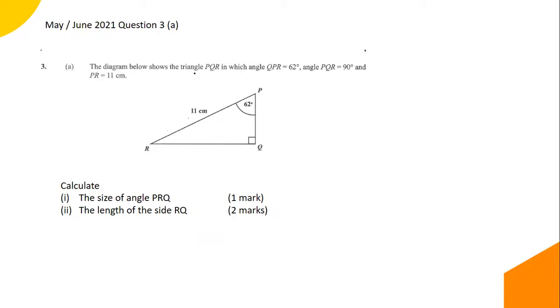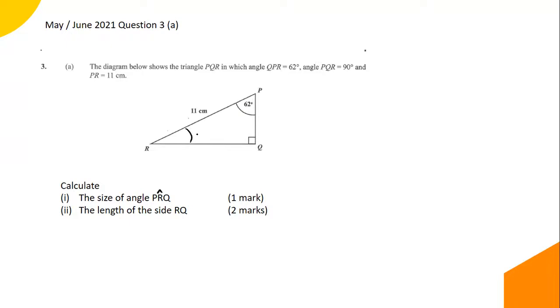So the diagram below shows the triangle PQR, in which angle QPR is 62 degrees, PQR is 90 degrees, and PR is 11 centimeters. They want us to calculate the size of the angle PRQ. So the angle will be at the middle letter, right? So PRQ, they want us to find this angle.